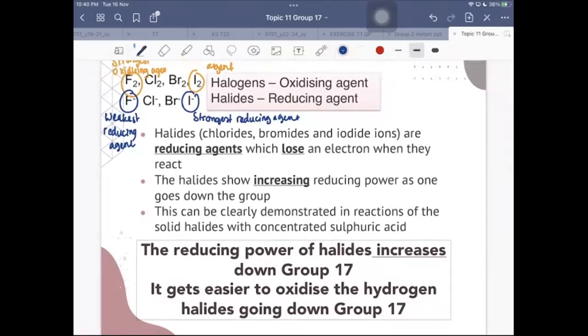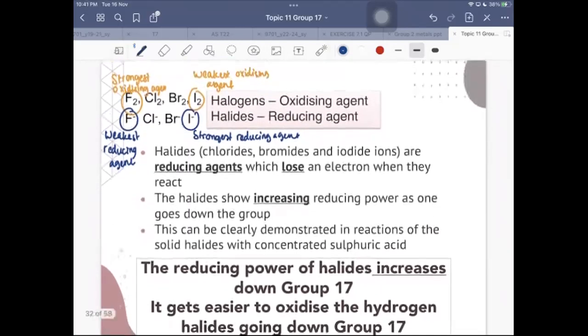Because halides reduce other species, they themselves get oxidized. We learn this by looking at how easily these halides are being oxidized.